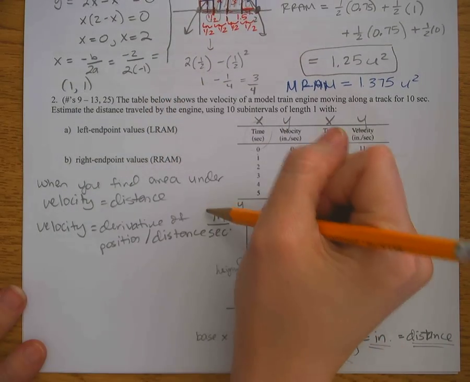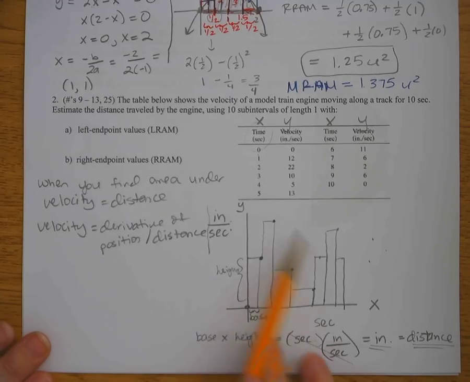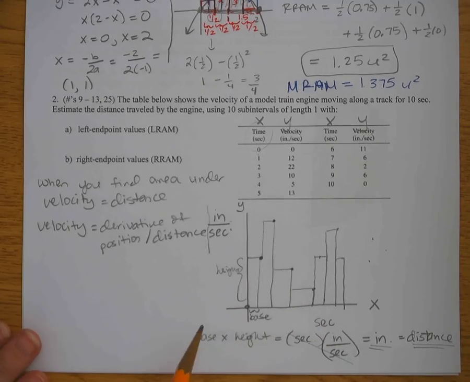So it seems as though finding the area under some data is doing the exact opposite of finding a derivative. Because if you find the derivative of position or distance, you get velocity. But when you find the area under velocity, it goes back to distance. So just keep that in mind.